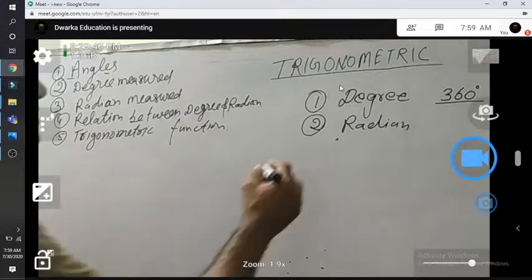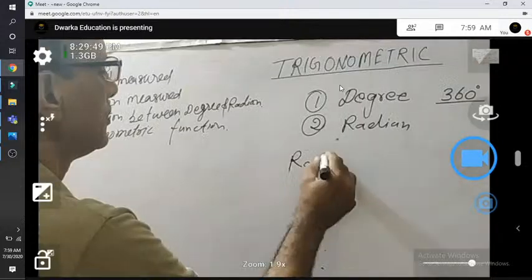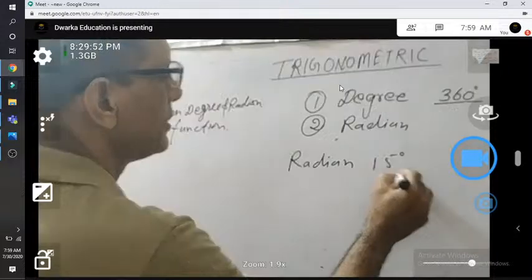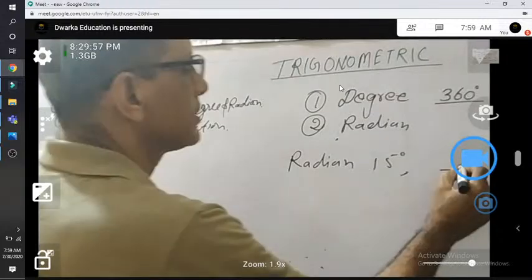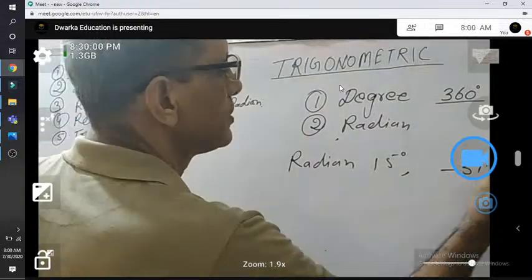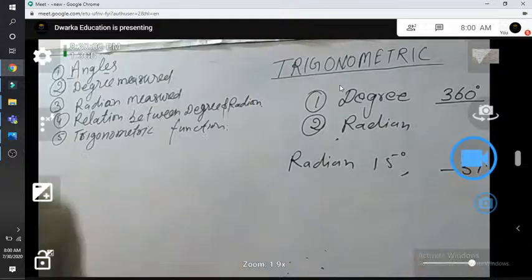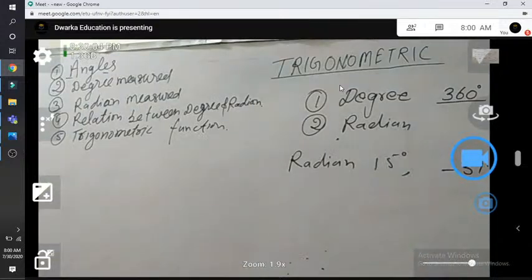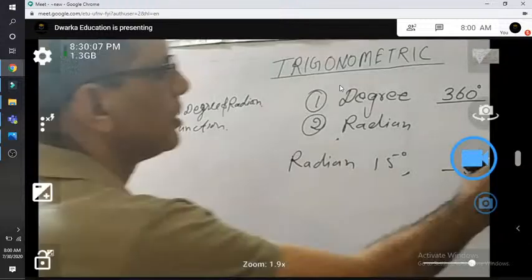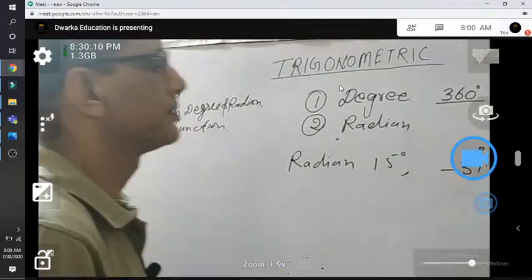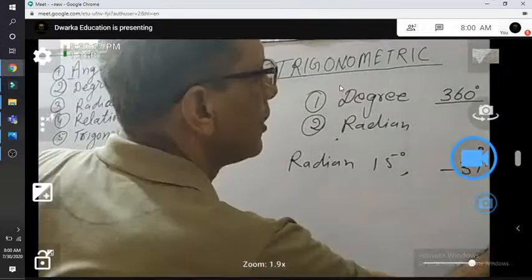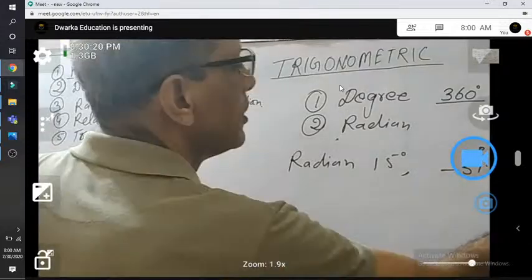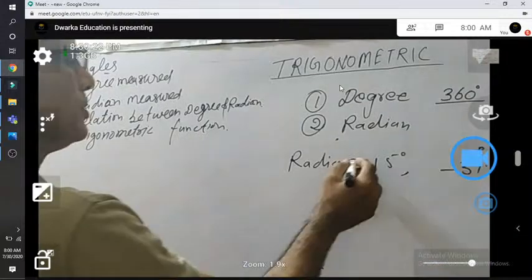Find the radian of 15 degree, minus 37.30 degree, and 240 degree. Take simple. Change into radian.